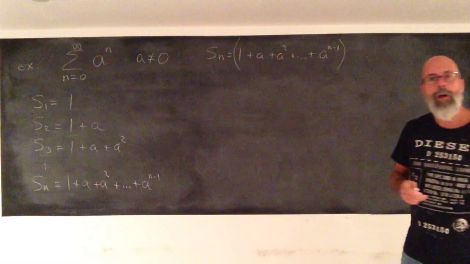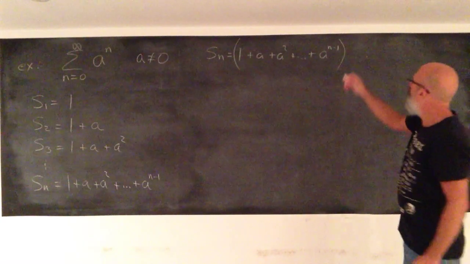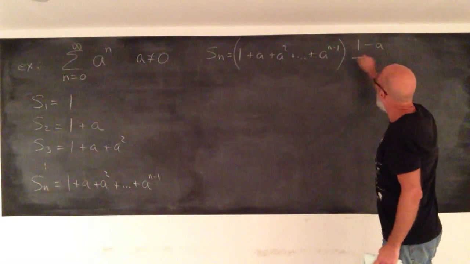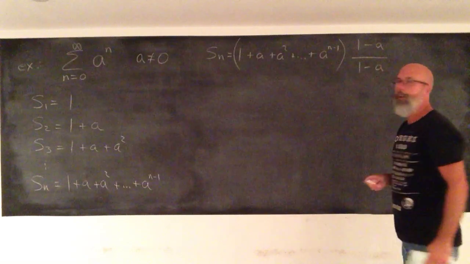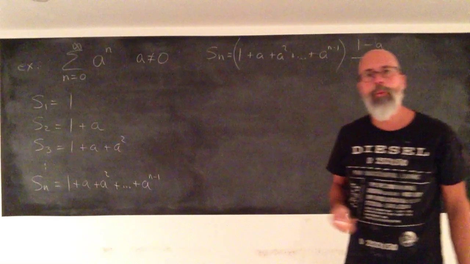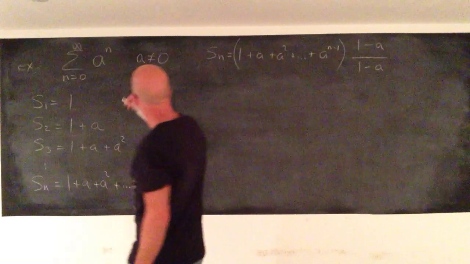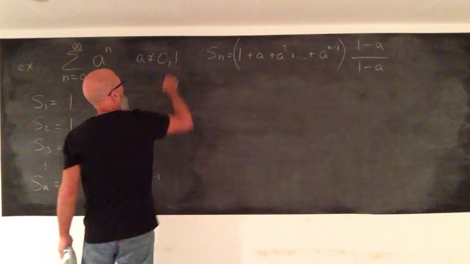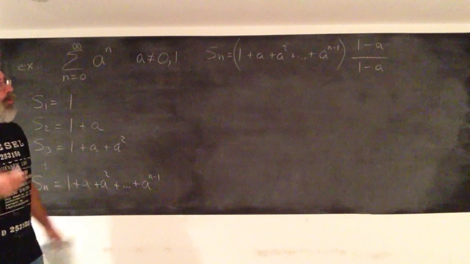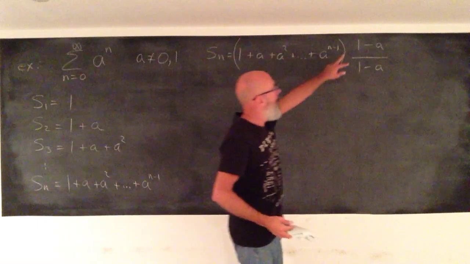What are we going to multiply Sn by? 1 minus A over itself. Here, I'm assuming A is not 1, so A is not 0 or 1, because you don't want to multiply by 0 over 0.